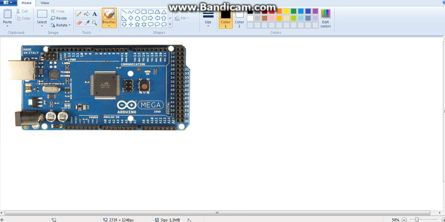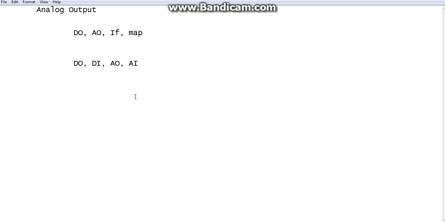So what can an analog output be? You already know about digital output, right? So what are the outcomes? We can give either high or low, or in other words we can give 1 or 0. Or in other words we can have 5 voltage or 0 voltage.